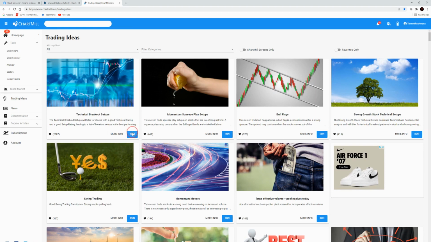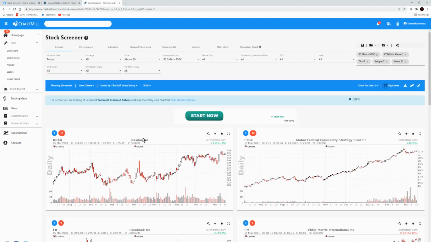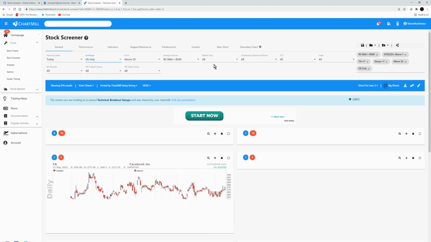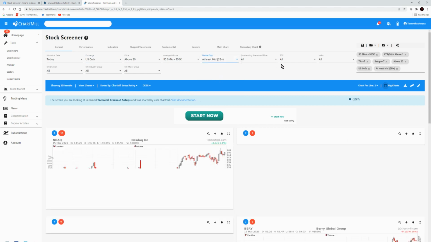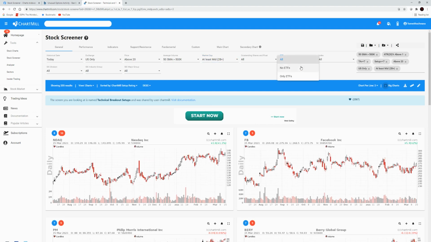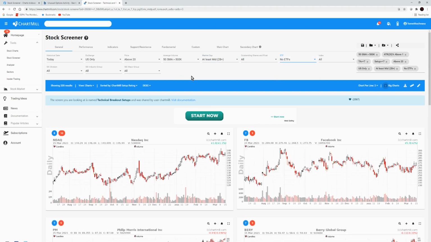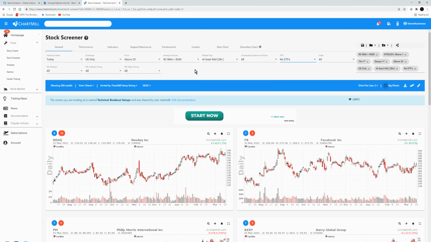Technical breakouts is what I really like. They already have the price above 20 basically, exchange US, market cap at least mid cap. You can go no ETFs if you want, and you can really get down to the dirty details.